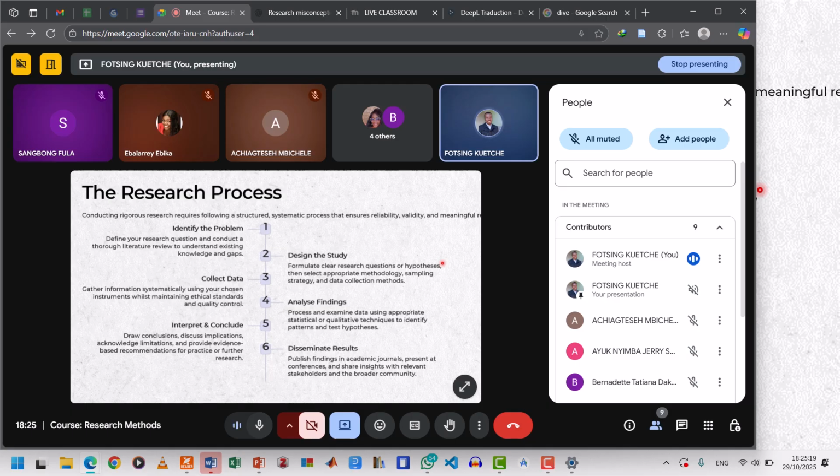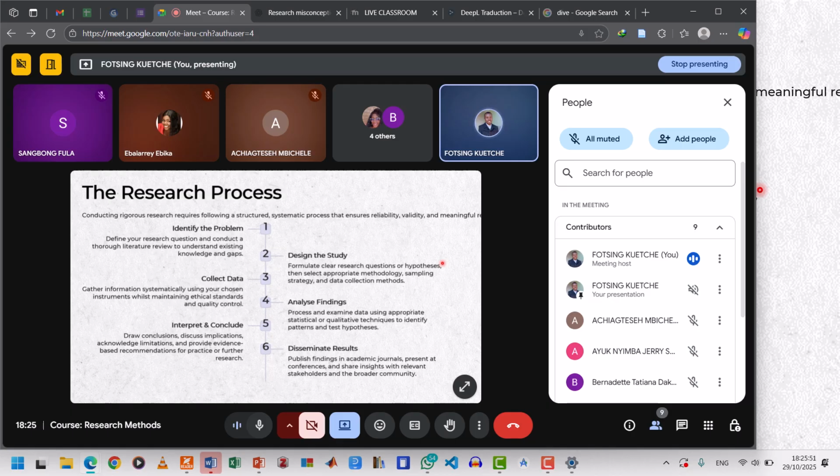Now, the interpretation I gave, that's when I had the interpretation with the result, with the method that I've used. If, for example, I want to write a research paper, or let's say I want to write a report on that research I've conducted, can we call it a research?